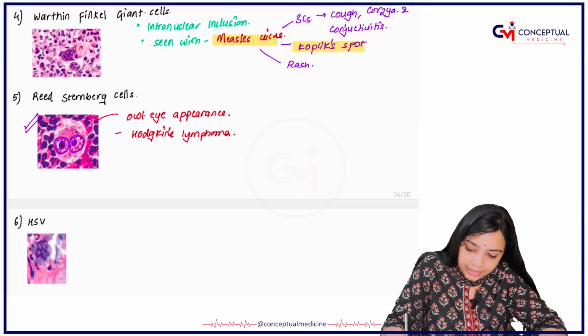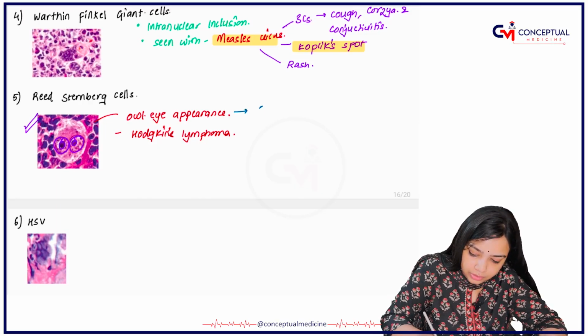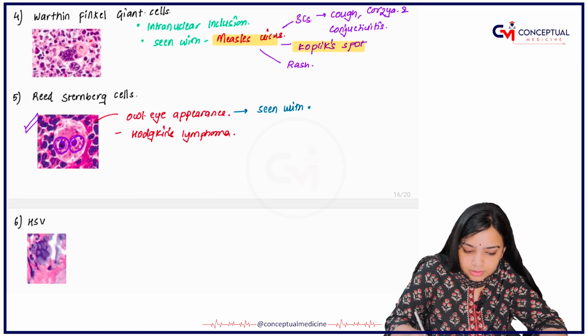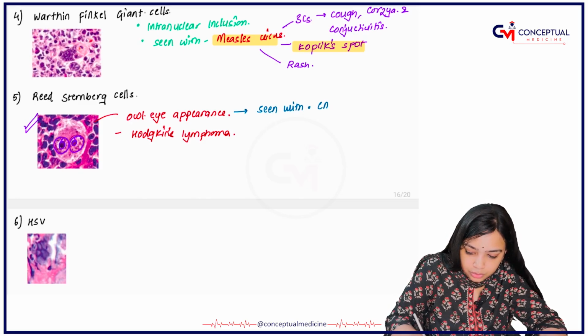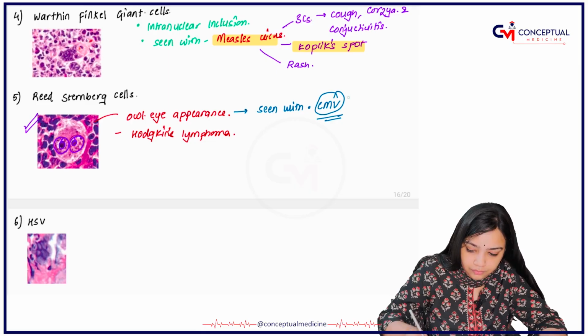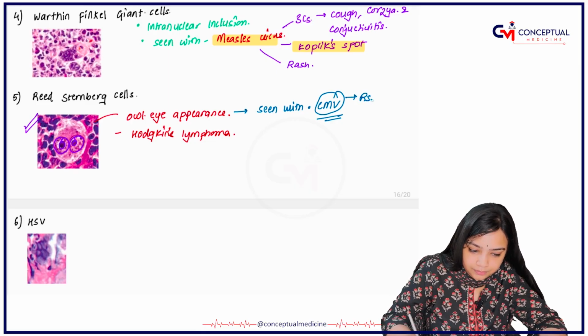Similarly, the owl eye appearance is also seen with the CMV. Okay, it is also seen with your CMV, Reed-Sternberg cells.